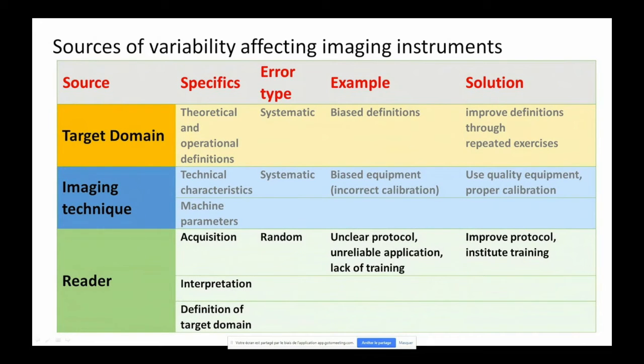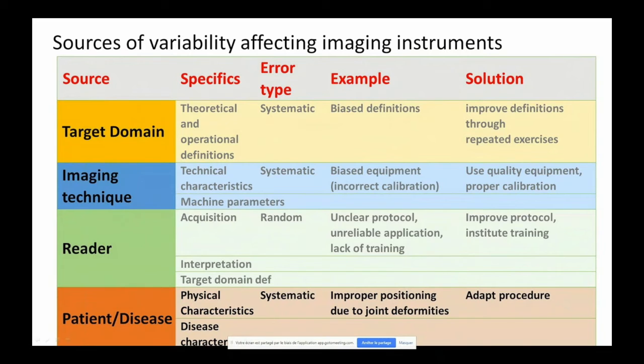Again, for the reader, for example, the acquisition, if the protocol is unclear, if there is no training, we have to institute the appropriate training and improve the protocol of reading. And for the patients, for example, the positioning of the patients, we should adapt the procedures and so on.